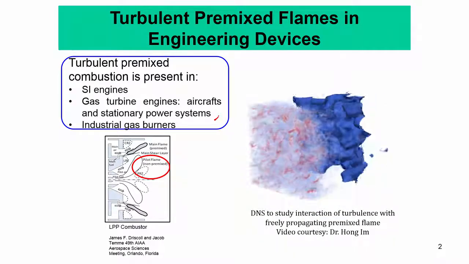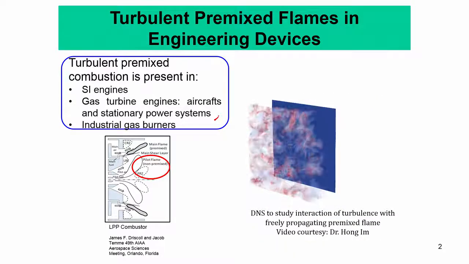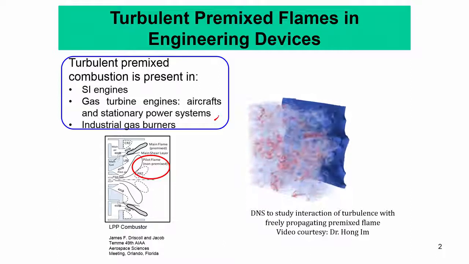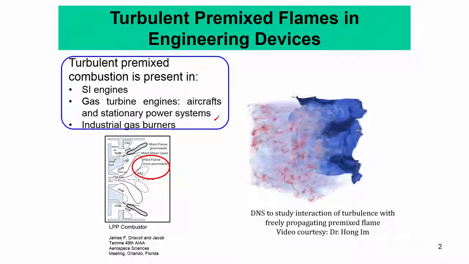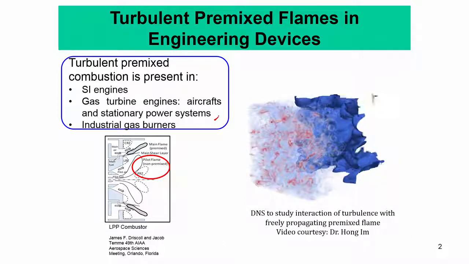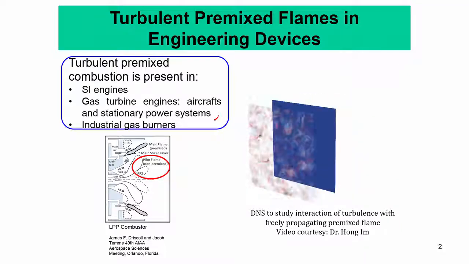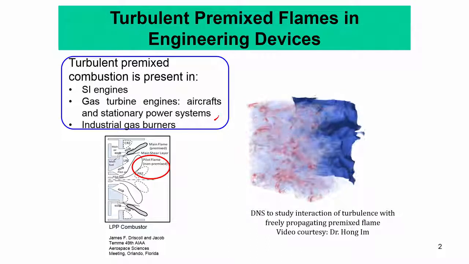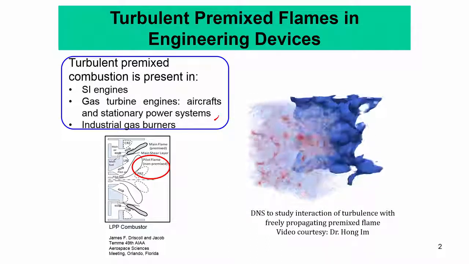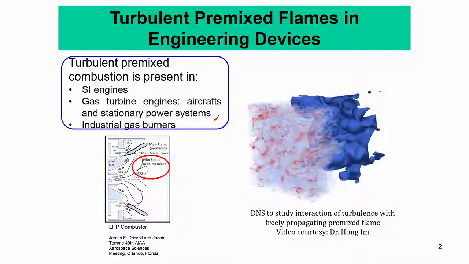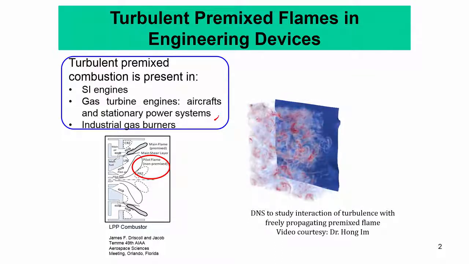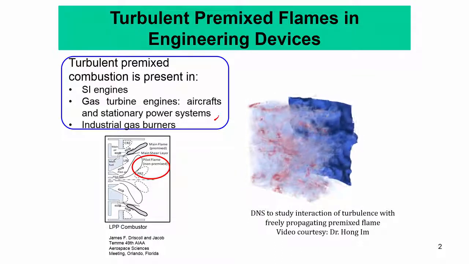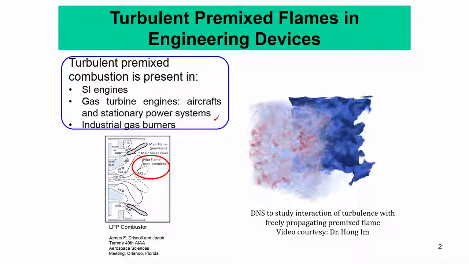Here on the right hand side you see this video of turbulence impacting an initially flat premix flame. This blue surface is initially flat; it is essentially a laminar premix flame, and then turbulence comes and impinges on it. This surface is a representative surface of the premix flame.